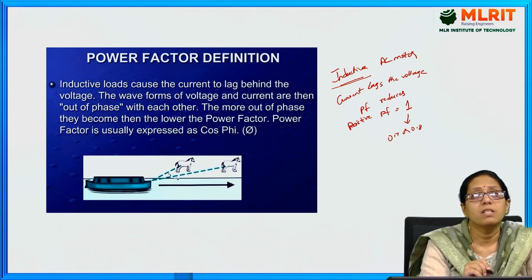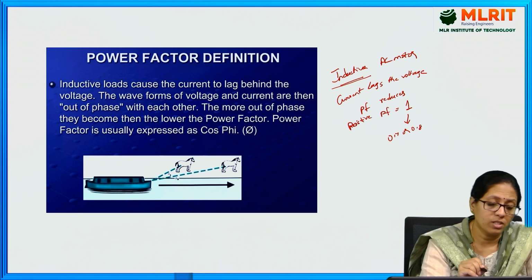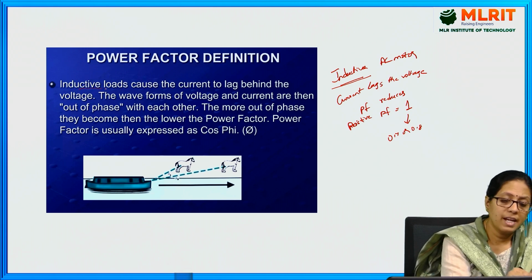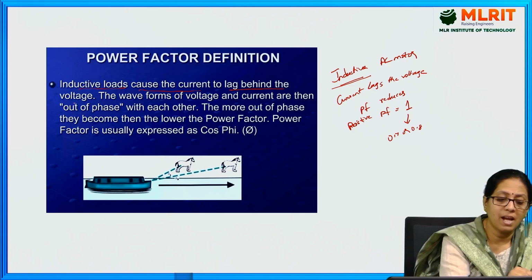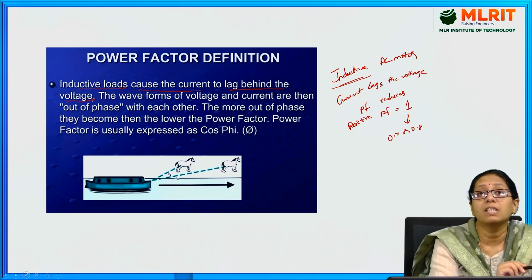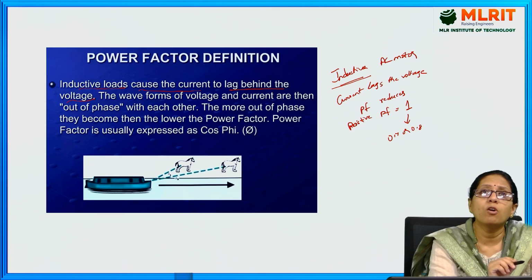So what happens if the power factor reduces? Inductive loads cause the current to lag behind the voltage. The waveforms of voltage and current are out of phase in that case.